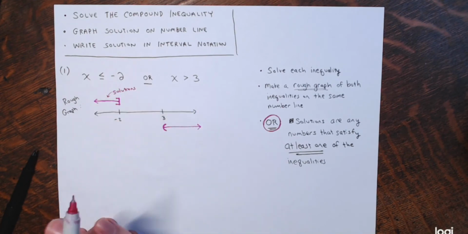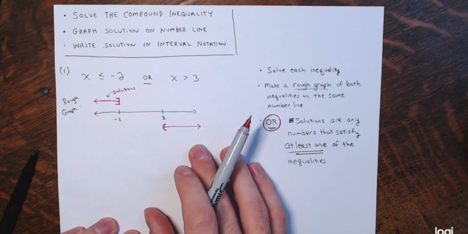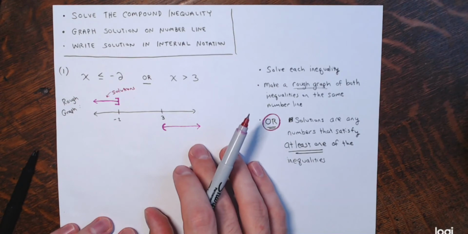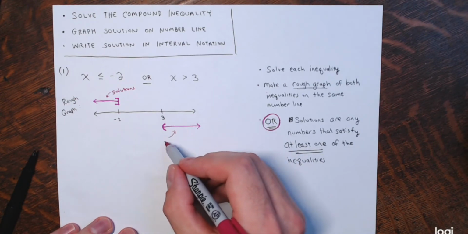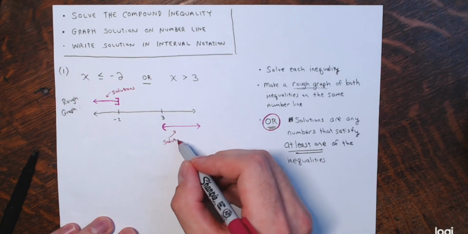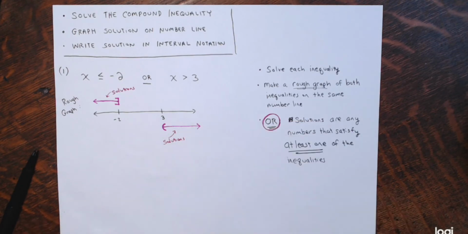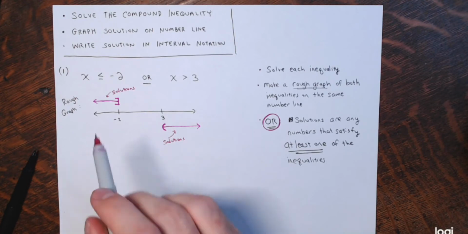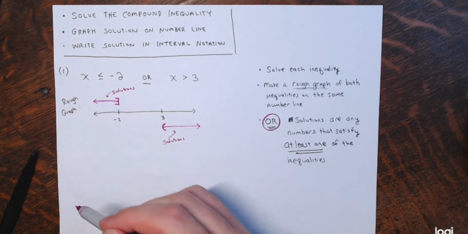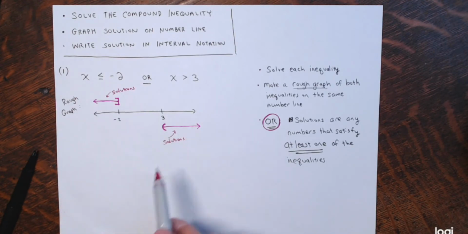It's sometimes referred to as the inclusive or. But then these are solutions as well. Then these are solutions also to my compound inequality. So every single one of these numbers belongs to my final graph.